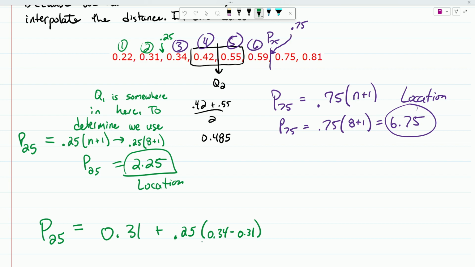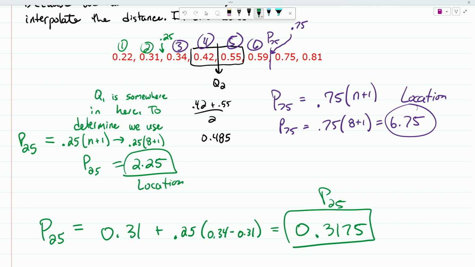Because remember, distance between two numbers is nothing more than just the final minus the initial, okay? So when I do the math here, 0.31 plus 0.25 times the quantity of 0.34 minus 0.31, we end up with 0.3175.